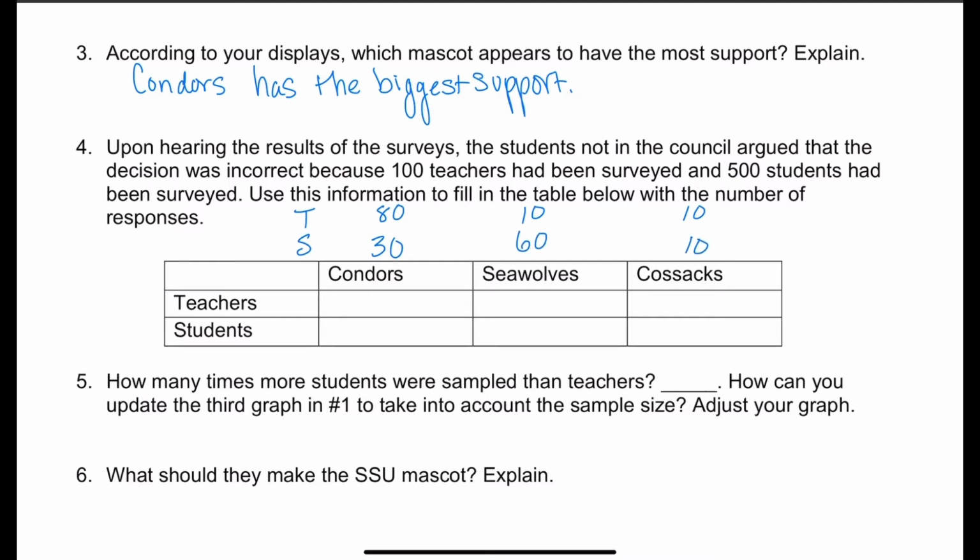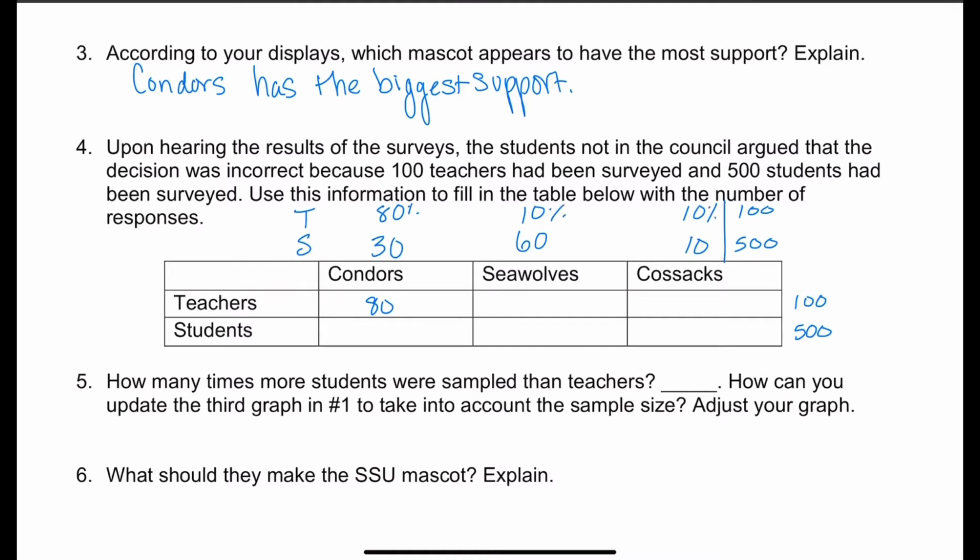This is just the information from above, so we don't really have to worry about it. And remember we do know their totals as well, that this should be 100 and this should be 500. So working backwards a little bit, if 80% of the teachers wanted condors and we have 100, well, 80% of 100 is just 80, right?